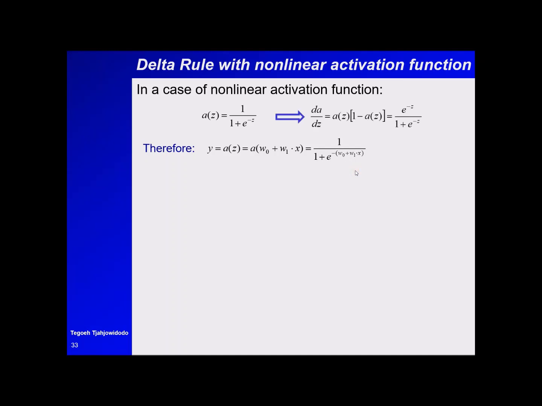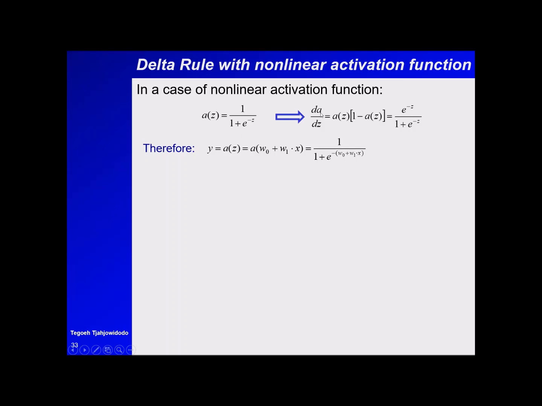Now, let's evaluate the first derivative of a with respect to z, the derivative of the nonlinear activation function with respect to the input here. If we have this nonlinear activation function, apparently the first derivative of this function will just simply look like this.